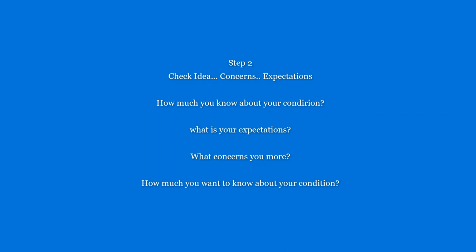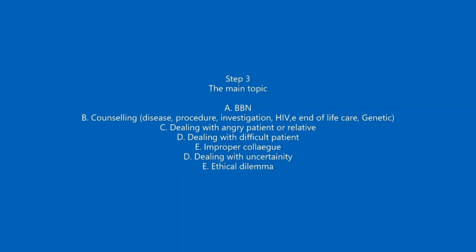The third step differs according to the situation. It may be breaking bad news, dealing with an angry patient, counseling, whether about disease, investigation or treatment, or counseling about end-of-life care. There are different types of counseling: about genetic tests, about genetic disease, and about HIV.